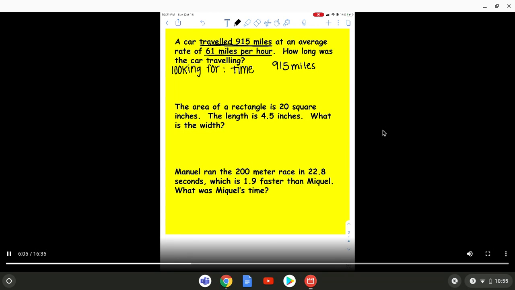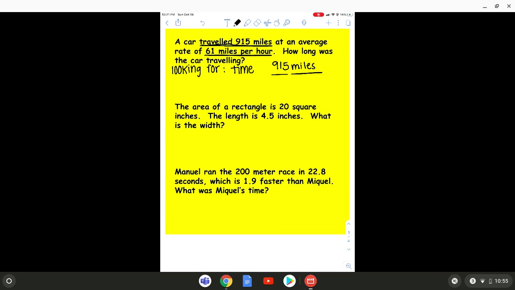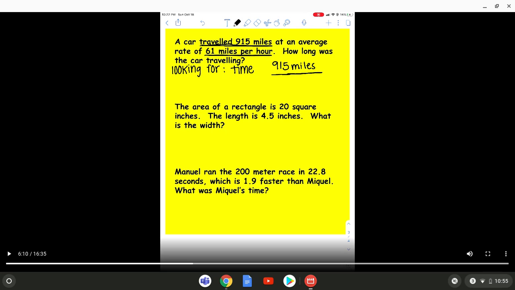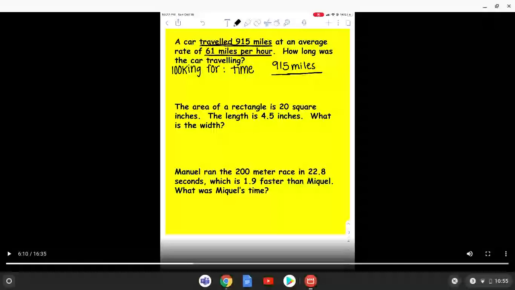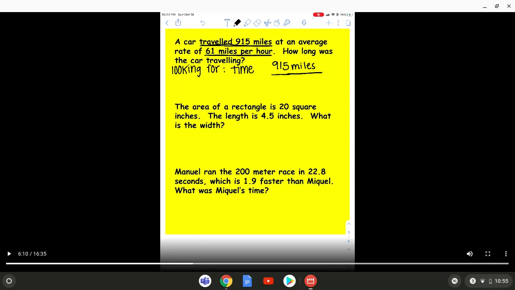So I'm going to just go ahead and start with the 915 miles. And to do this problem, it's kind of more confusing to set up an equation.